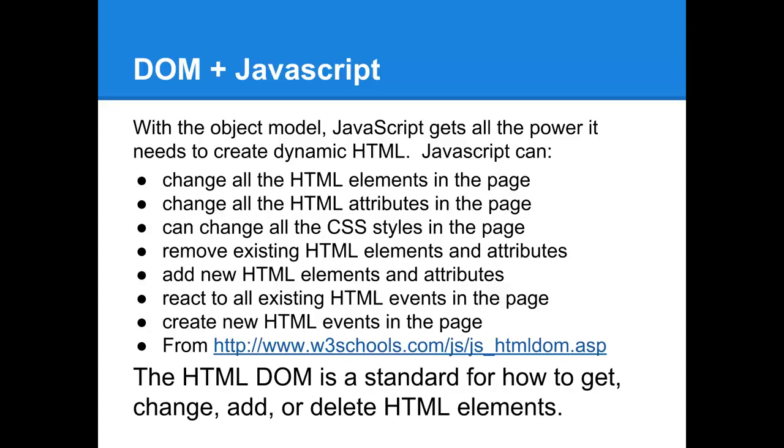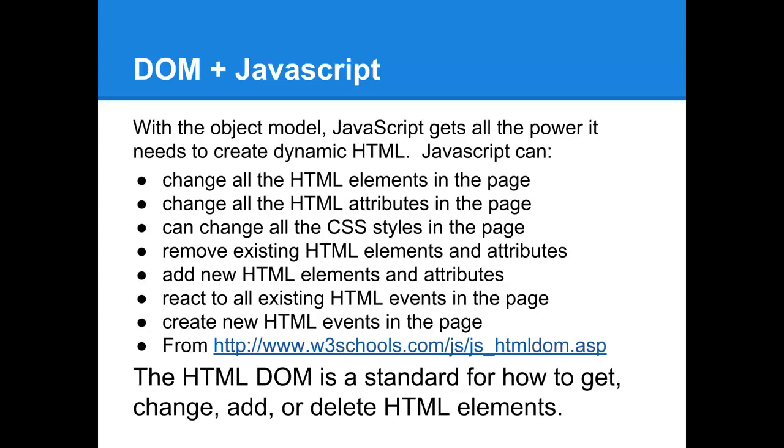The JavaScript interpreter engine, say V8 for Chrome, etc. So the combination of DOM and JavaScript is where the heart of cross-site scripting really lies. With the DOM model, JavaScript is entitled to all the power it needs to create dynamic HTML.